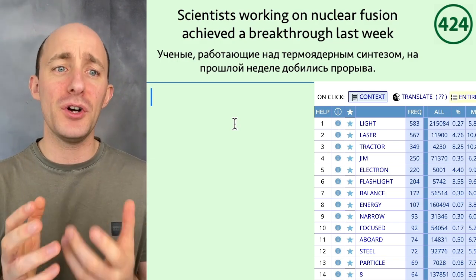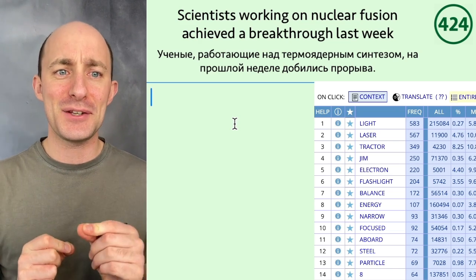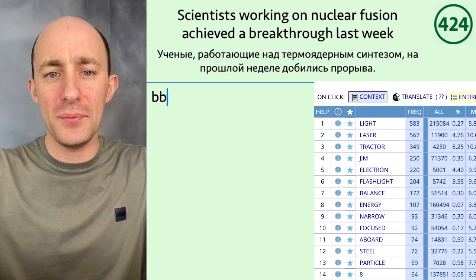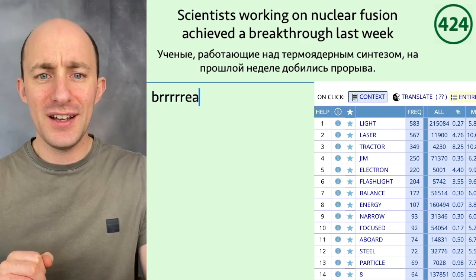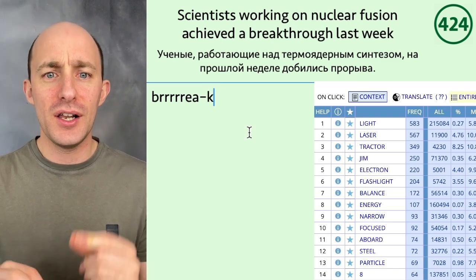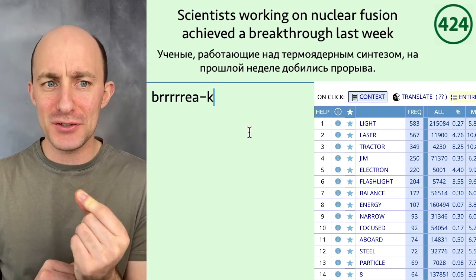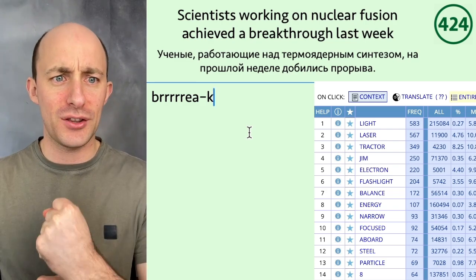Remember, when words consist of two words, compound nouns, the stress is on the first one. Breakthrough. So if you want to stress break, lots of r, not a lot of a. It needs to be clipped before the k. Breakthrough. Lots of r. They achieved a breakthrough.